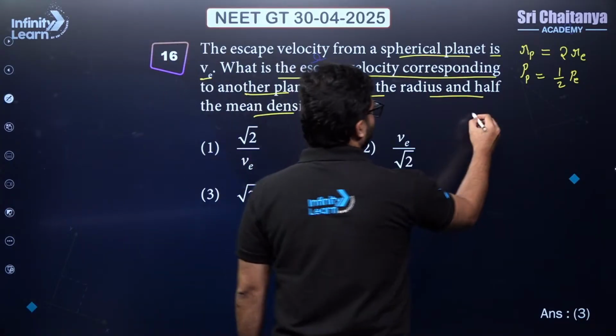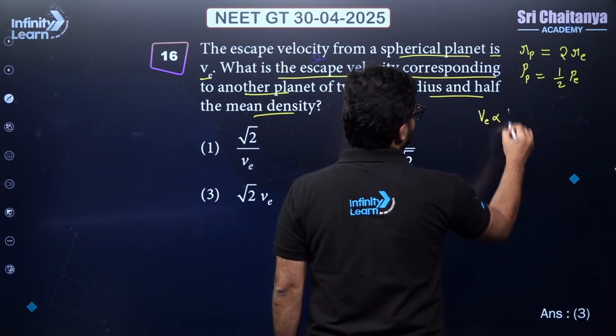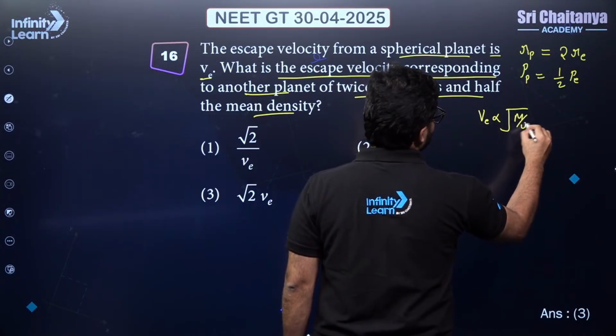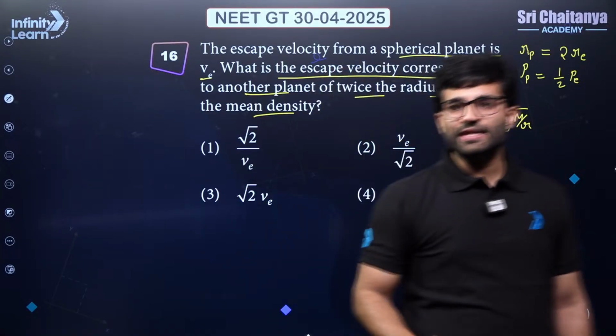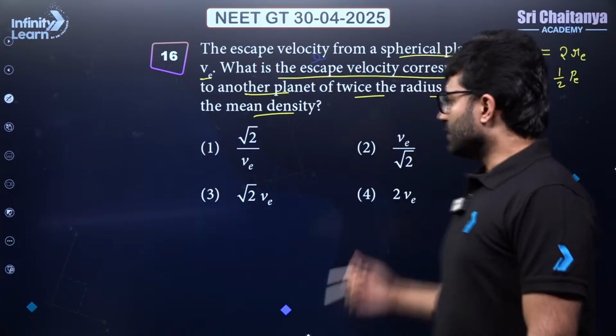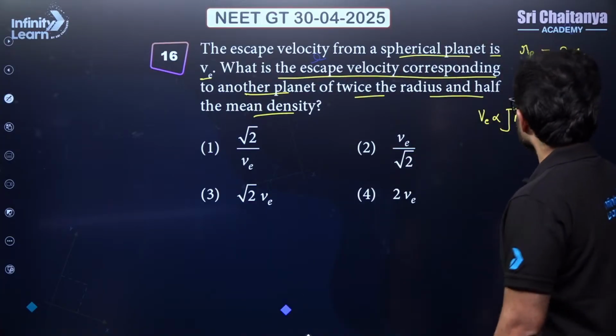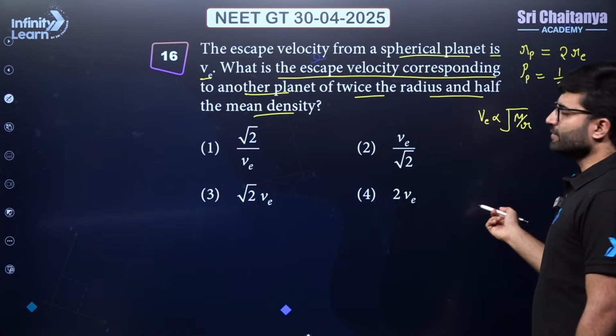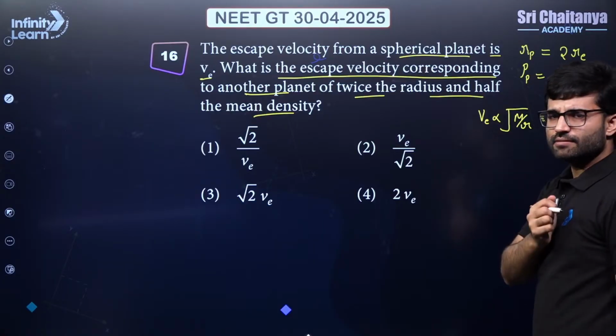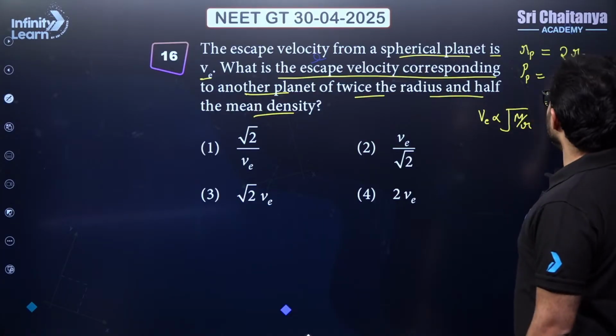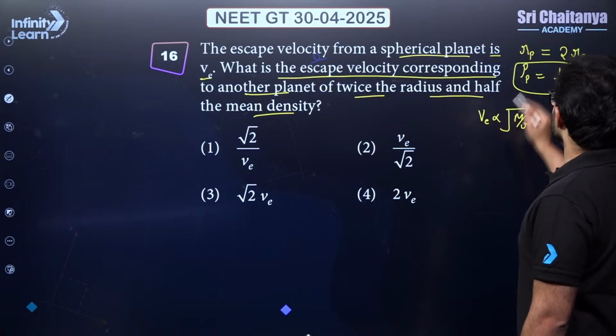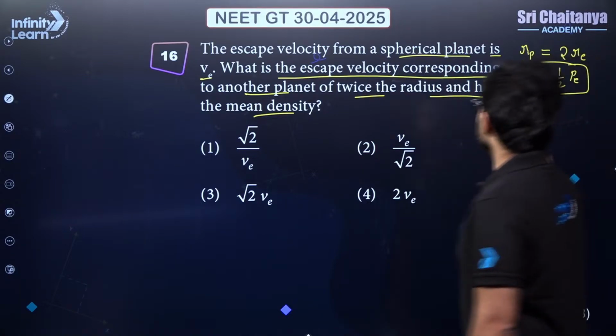What is the escape velocity? You know that escape velocity is root of 2GM by R, if you remember the formula. So it is directly dependent on mass and radius. So if I calculate the relation between mass and radius, I will get the velocity. For mass you have to use density. Density is mass per unit volume.